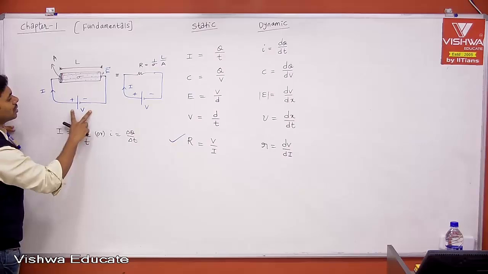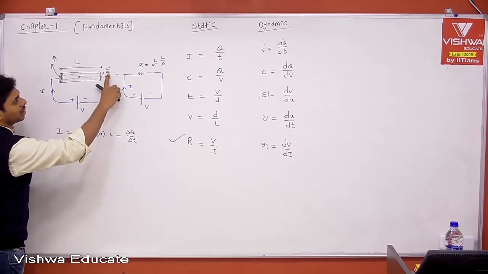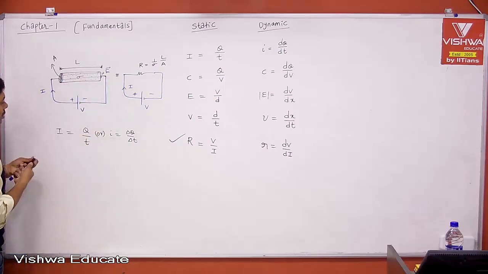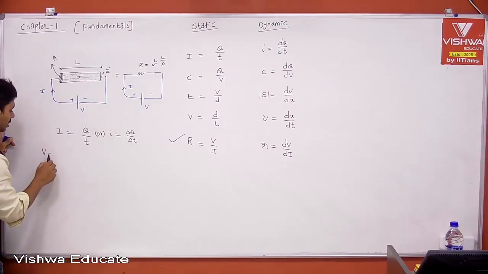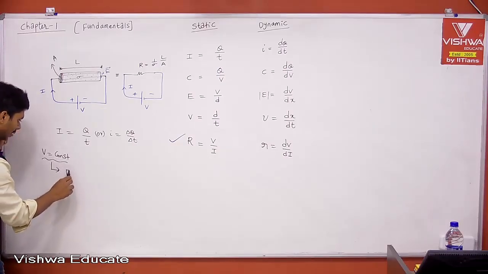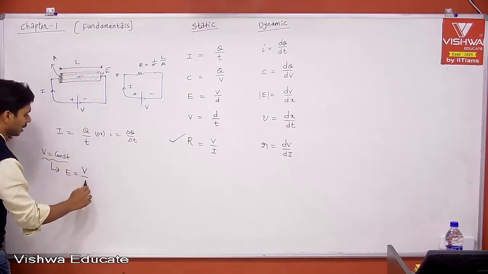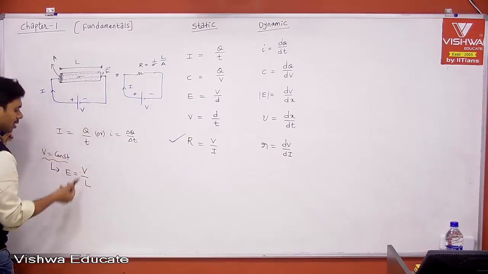Therefore, we know that voltage is constant. When voltage is constant, electric field is constant, because E is equal to V by L, voltage by L. V is constant, length is constant.